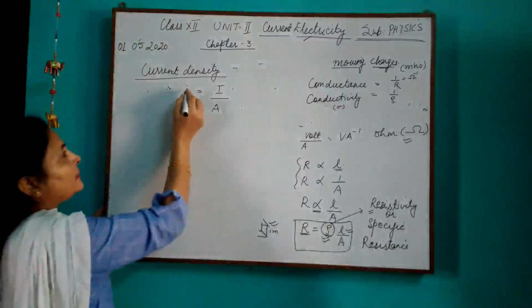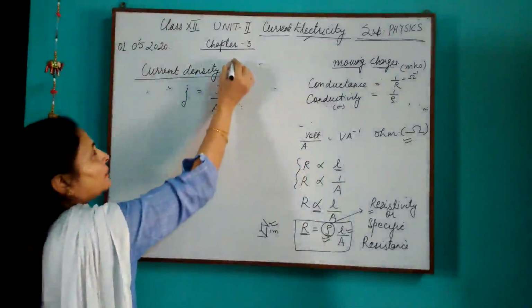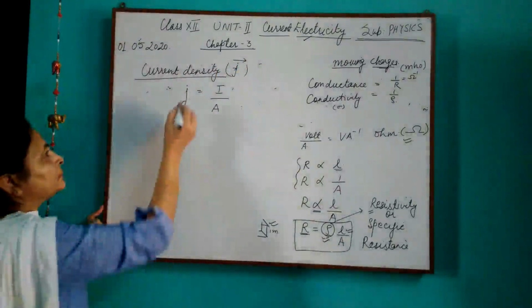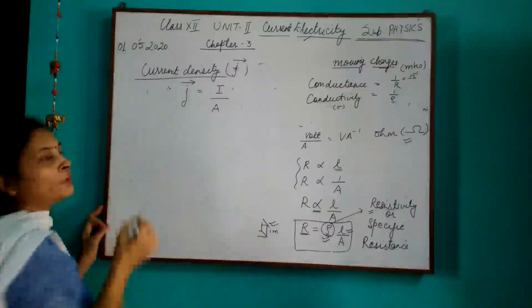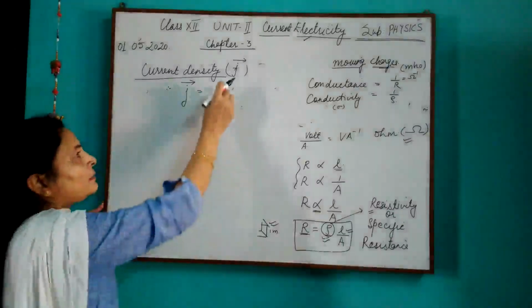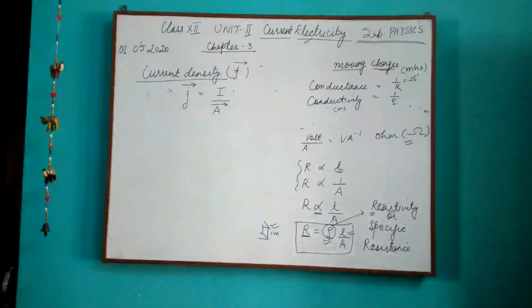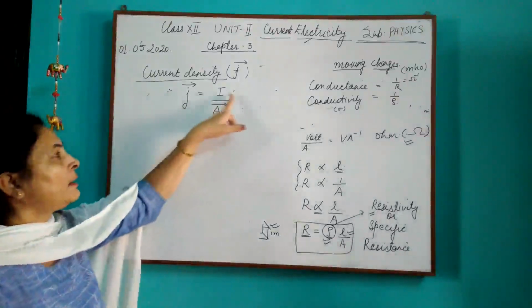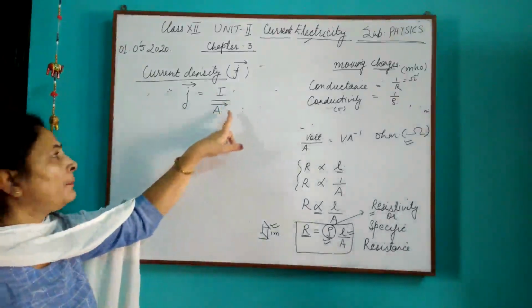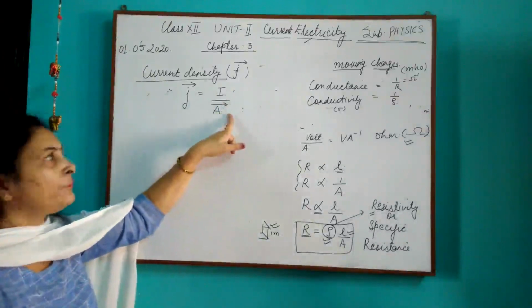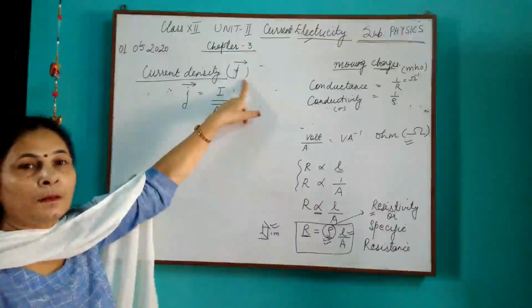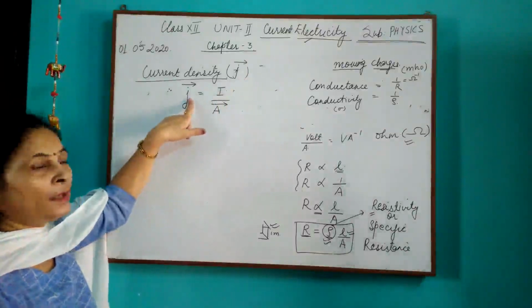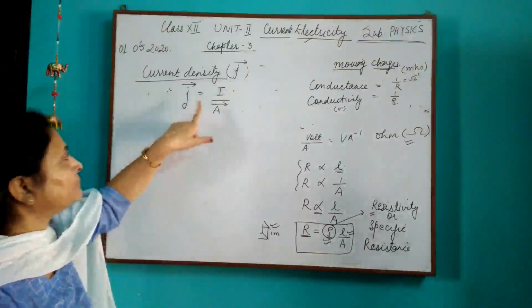Now current density J is a vector quantity. So you put a vector sign on it. Now since current is not a vector, current density is current flowing per unit area. It is a vector quantity, and on J here you put a vector sign.